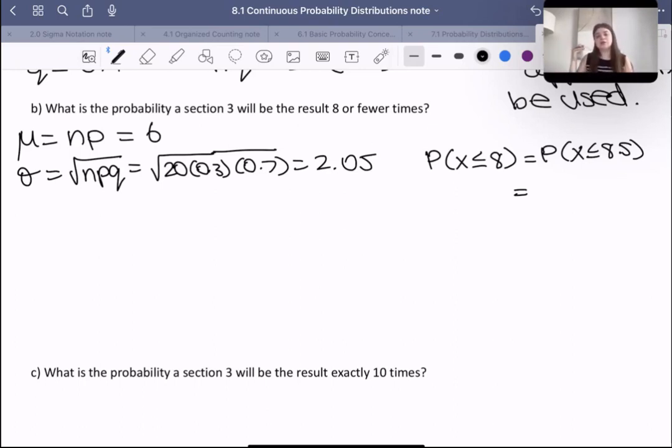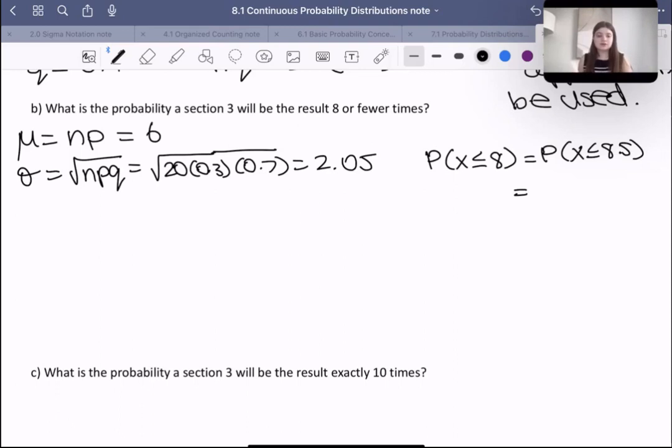And we want to include 8, we don't want to include 9. And so by going up that half, given that we're applying something discrete to a model that's used for continuous, this is just going to give us a little bit more of an accurate approximation here. You're still going to get something relatively good without doing this. However, going up that half step is going to get you an even more accurate result for that reason.